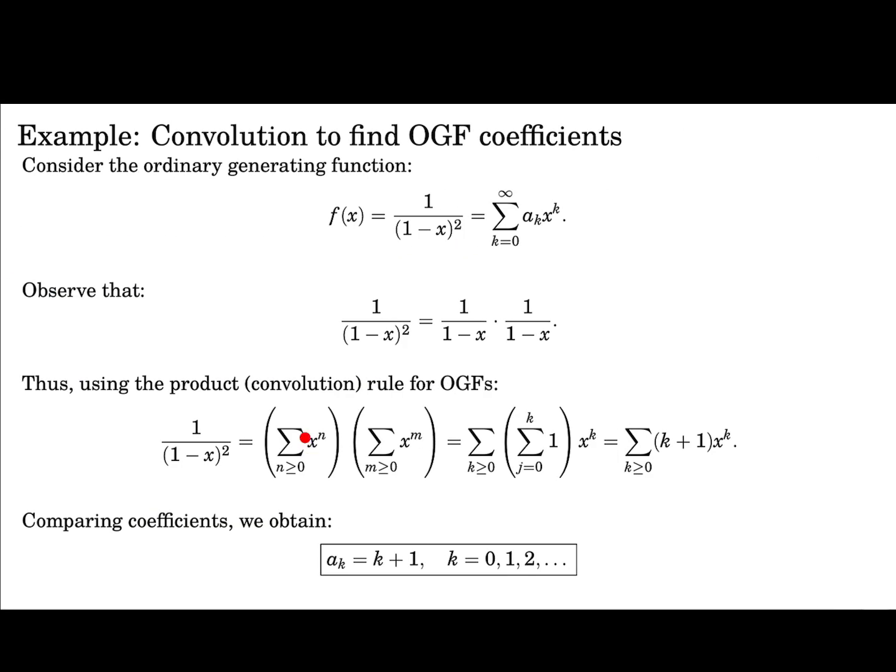But here they're all 1, and here they're all 1, so it's just going to be the summation from j equal to 0 to k of all 1s. This is a summation of k plus 1 values, so you just get the summation of k plus 1 times x to the k. This means that ak is just k plus 1. In other words, this function is the generating function for the sequence ak equal to k plus 1.